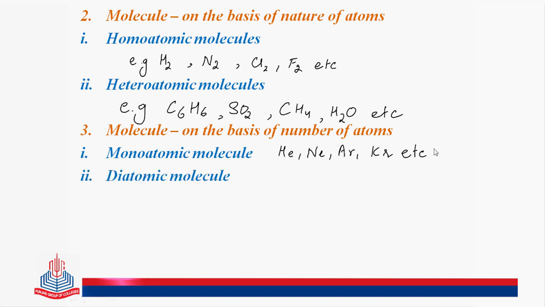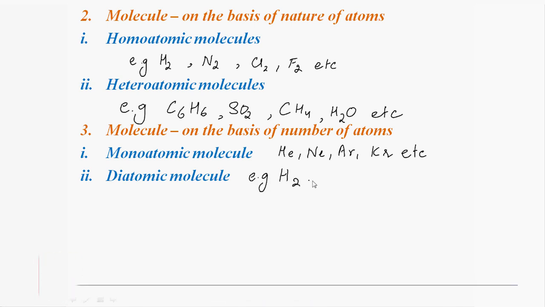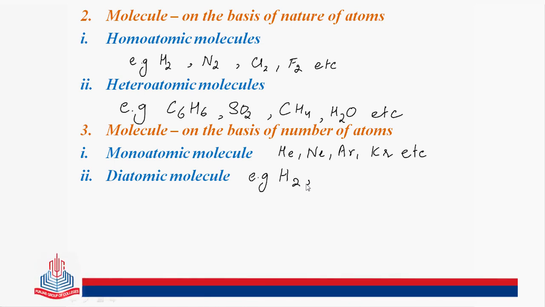Diatomic molecule, the molecule consisting of two atoms. For example, hydrogen gas has two hydrogen atoms. HCl gas, one hydrogen atom and one chlorine atom. Carbon monoxide gas, etc. They are all examples of diatomic molecules.